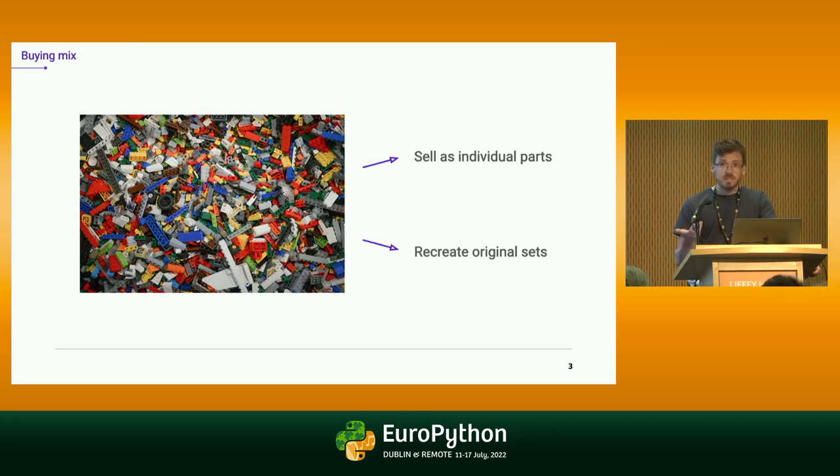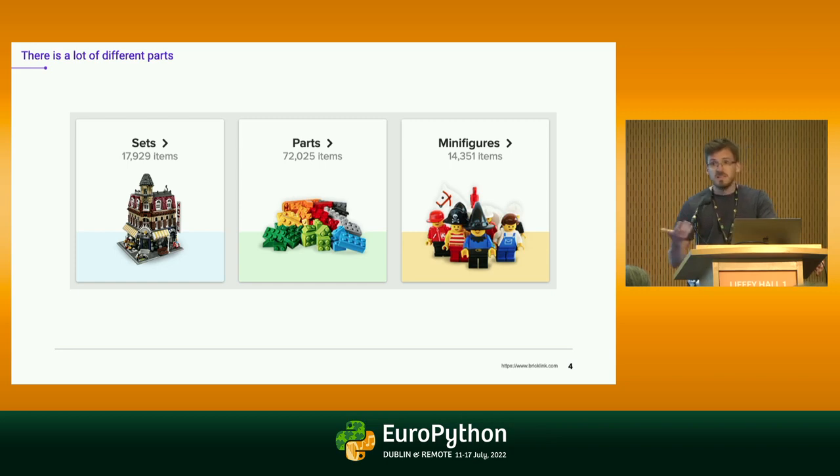So to do that, you actually have to go through all of those bricks and recognize all of them. And it sounds like a trivial task, like how many Lego bricks might there be, a few hundred or something like this. But actually, no, there are over 70,000 individual Lego pieces. It's kind of surprising, at least it was for me.